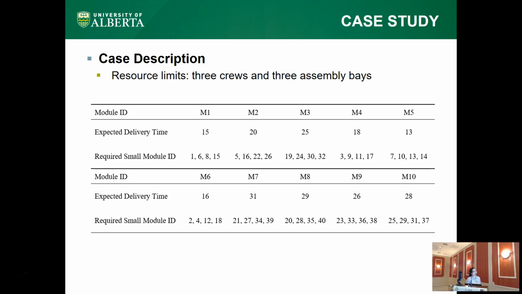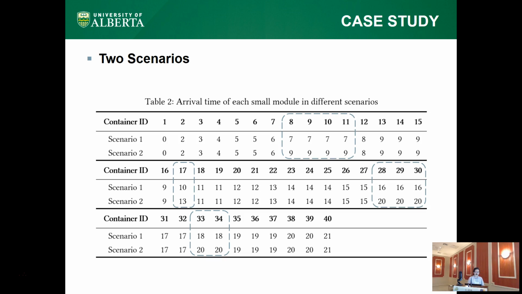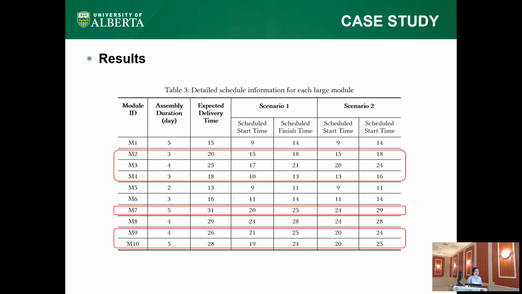For resource limits, 3 crews and 3 assembly bays are assigned to assemble these 10 modules. And 2 scenarios are assumed with different arrival times of each small module. Scenario 2 can be treated as an update of the first scenario, in which some small modules are delayed due to unexpected disruptions.